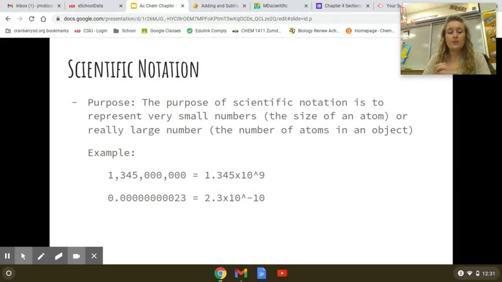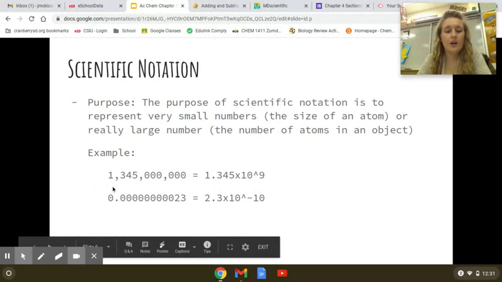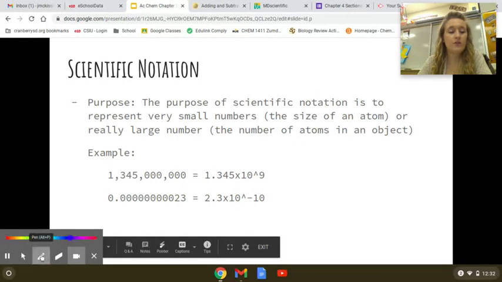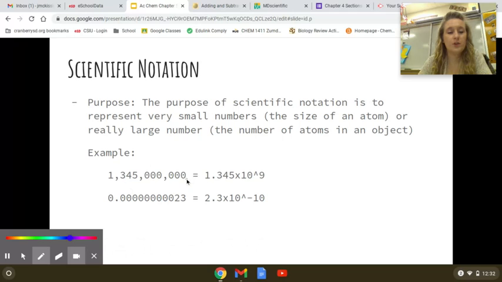So, for example, if we have this really big number here, what would this be? Would it be 1,345,000,000,000? I think. I could be wrong, but I think that's right. And then all we're going to do, and we're going to talk about the rules here in a little bit, but just as an overview, all we're really doing for this is moving the decimal. The decimal really would be right here.